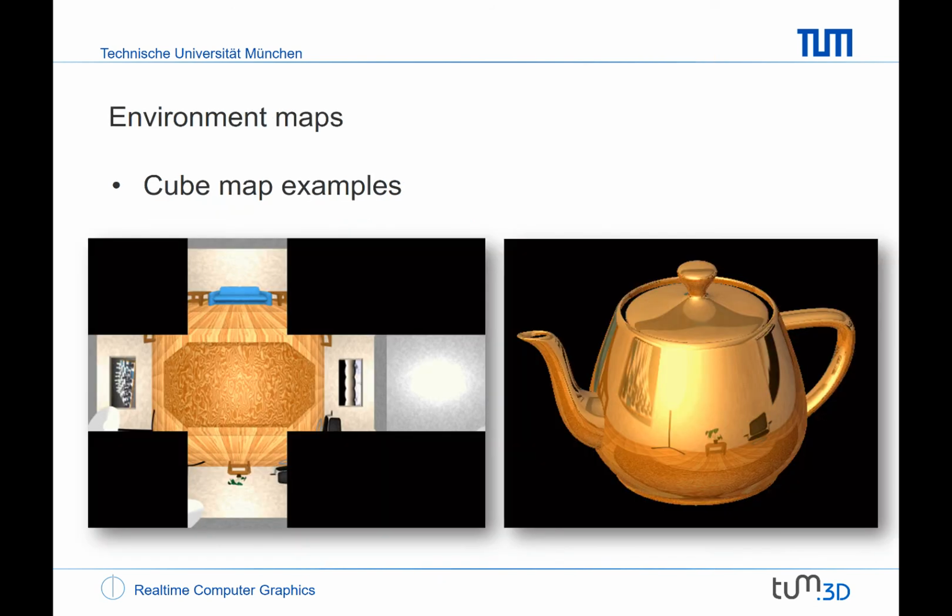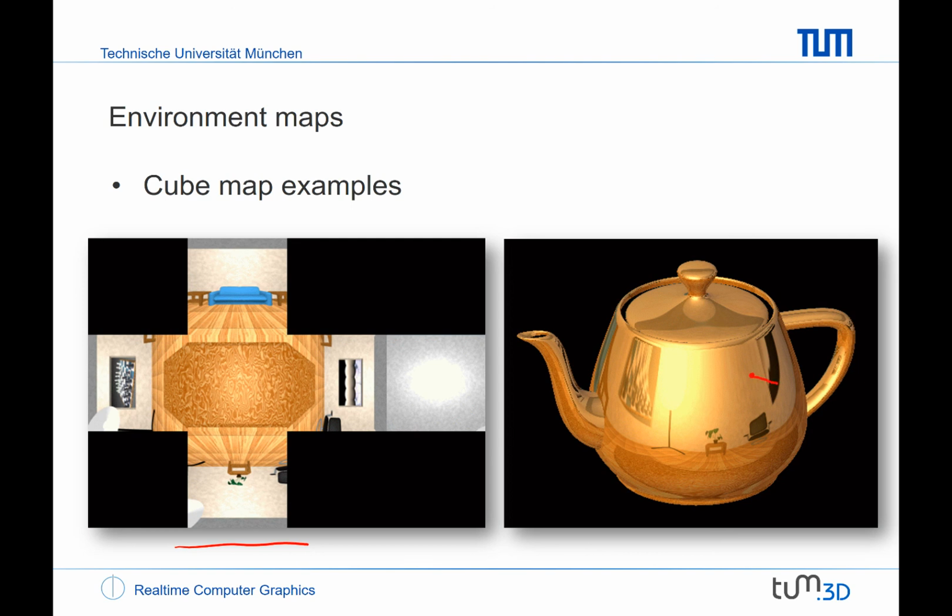Yeah, some examples here. So the teapot, and now the environment, which is captured here in the cube map and then mapped to the teapot. And again, let us assume we are looking now at that point here.